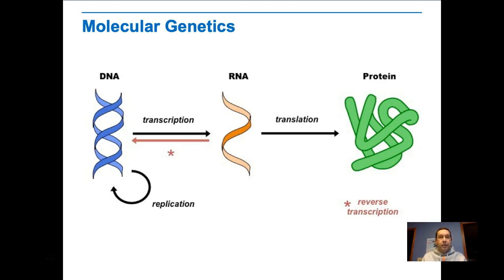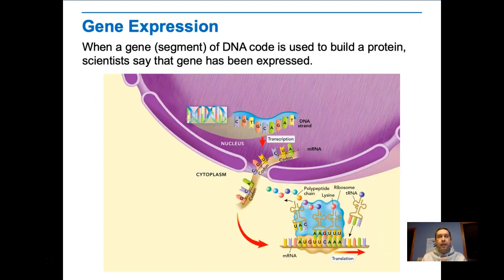You've got replication, which is copying the DNA, transcription, which is DNA to RNA, translation, RNA to protein, and there's also something called reverse transcription, which is used by viruses and by scientists in molecular genetics to use RNA to make a DNA copy, and we'll talk about why that's important in a later video.